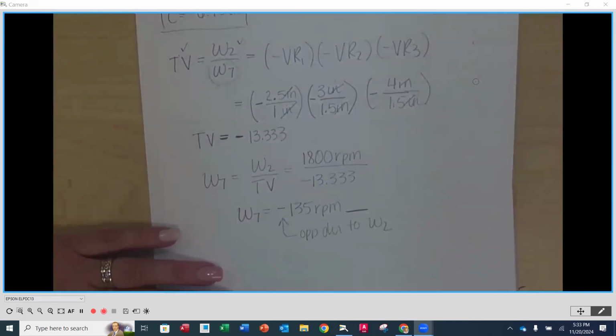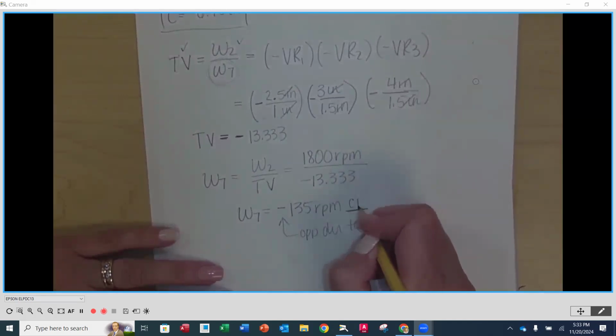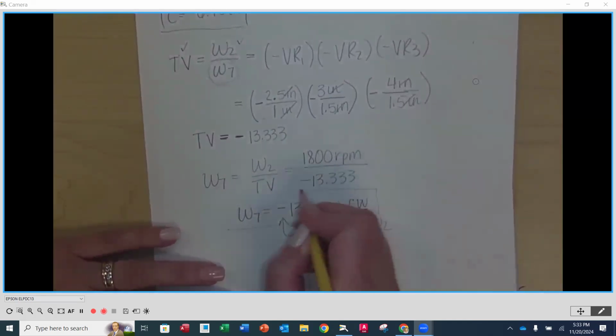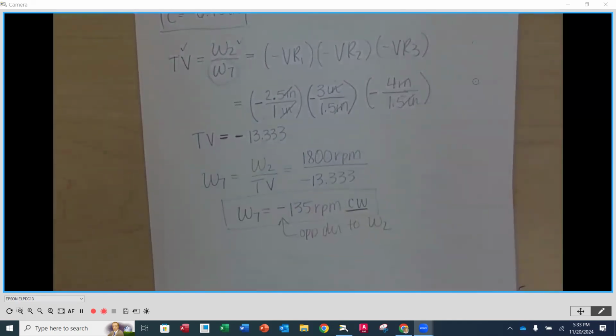So if our W2 was counterclockwise, then this is going to be clockwise, and that will be your answer. Okay. Does that make sense to everybody? So the negative there is purely for determining the direction in relationship to your input on the entire train. Okay. It does nothing else.